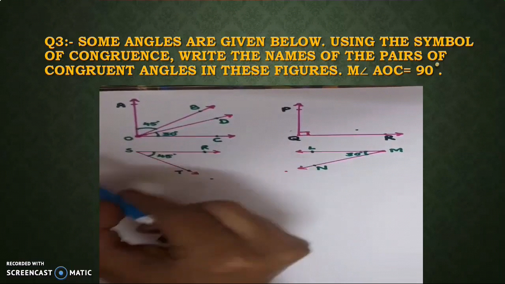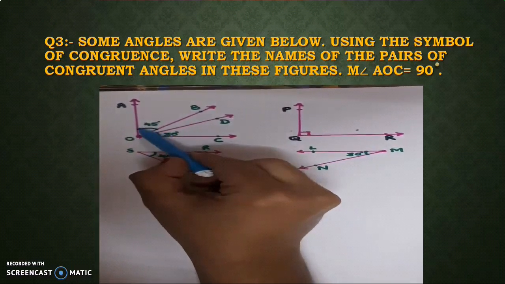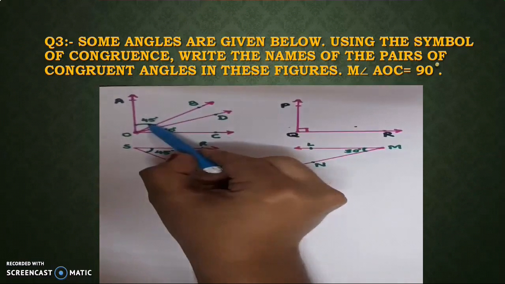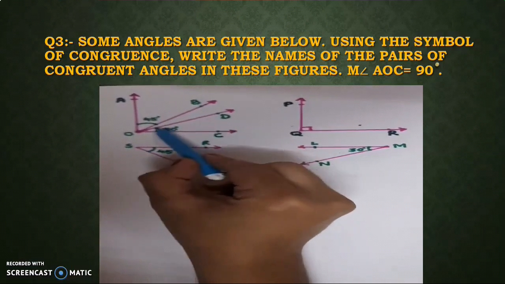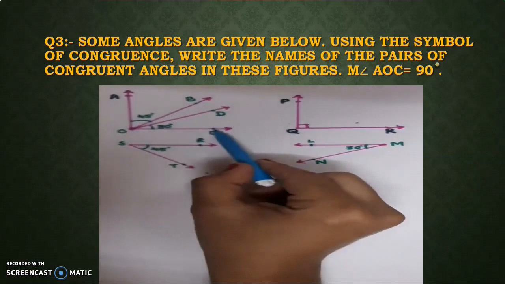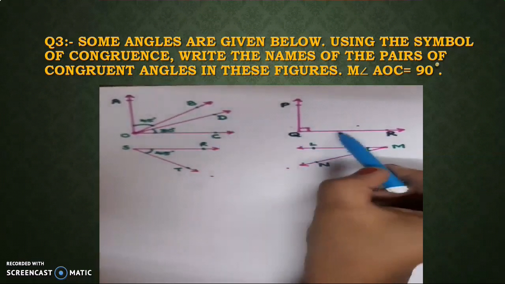Then different measures are shown in this figure. AOB, from here till here, this much angle is given 45, means our angle AOB is 45 degrees. Then from here till here it is given 30 degrees, so our angle DOC, or COD, is 30 degrees.